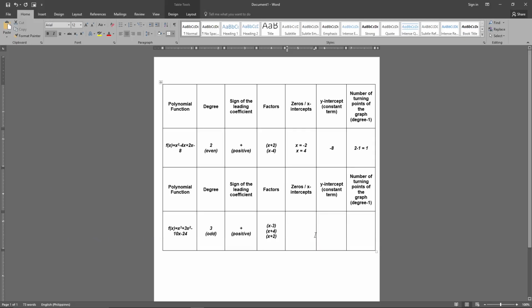Those are our zeros. So our y-intercept is just going to be what's in the constant here. So that's negative 24. y is equal to negative 24.